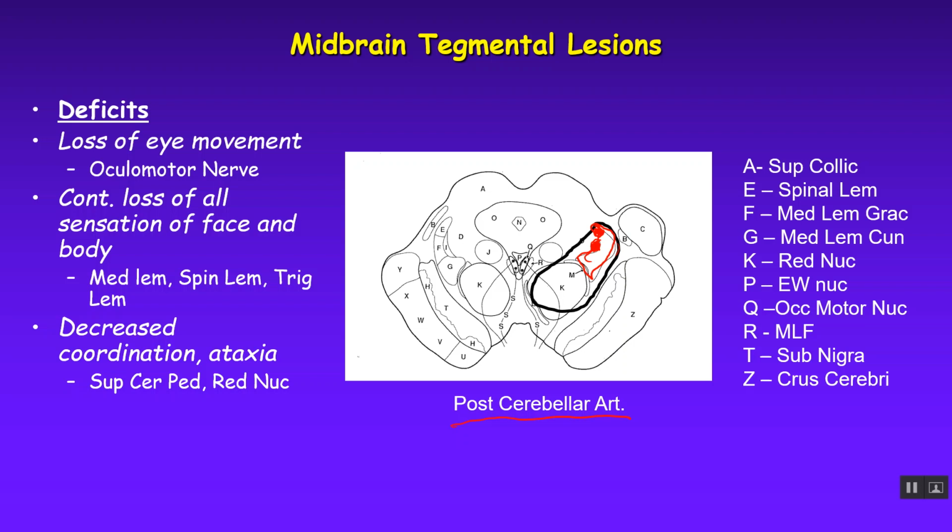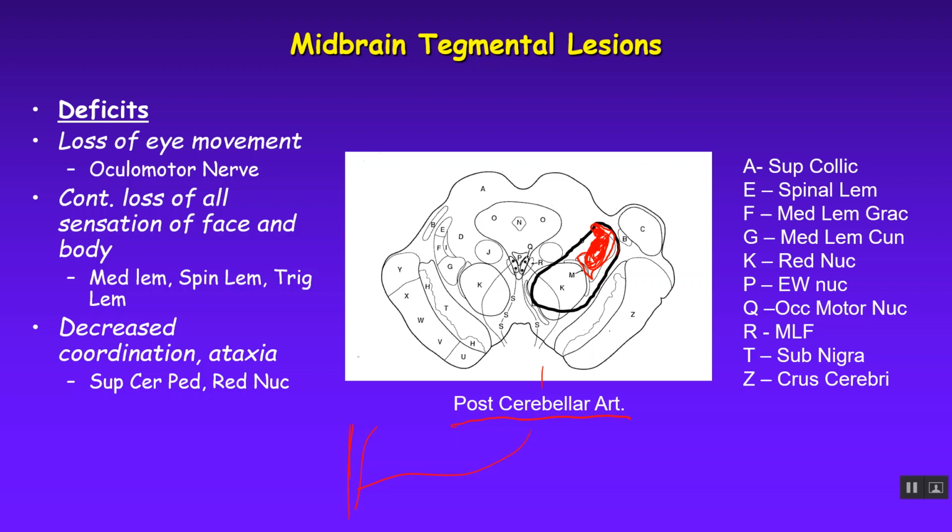So if you have damage to all these sensory tract fibers on this left side, it's going to affect all the right-sided face and body. So this is an exception. Remember I said that if you have a lesion in the brainstem, you might have opposite face and opposite body. This is the one exception.